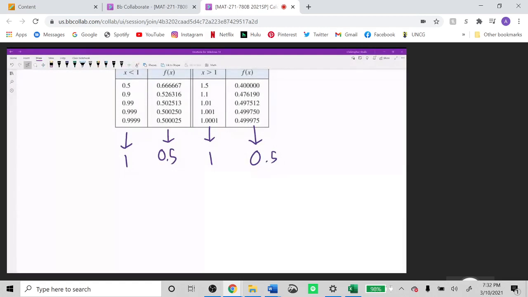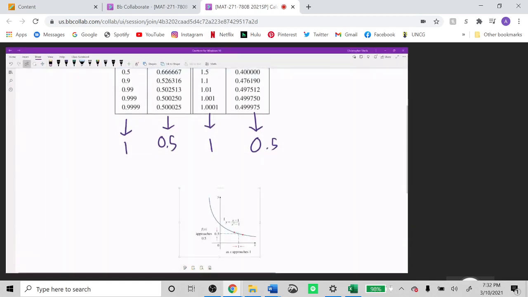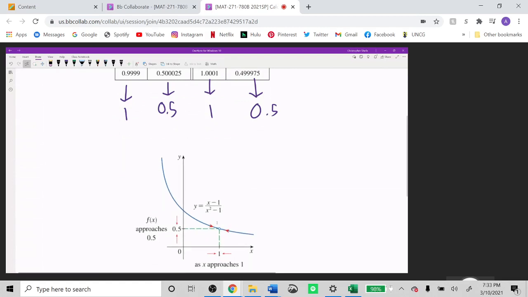Let me grab a graph here to show you this before we get some notation for our limit. So this is the graph of x minus 1 over x squared minus 1. Now notice that in this graph, there's actually going to be a hole at x equals 1, right?